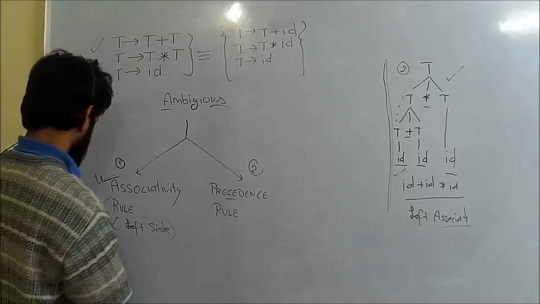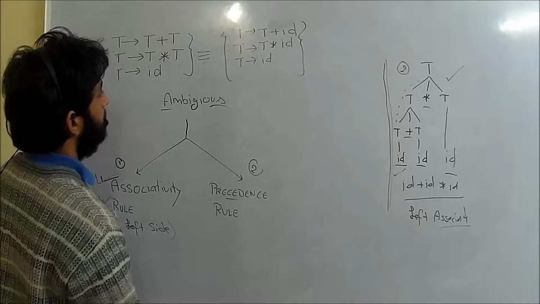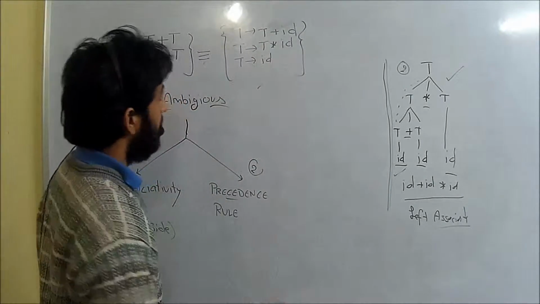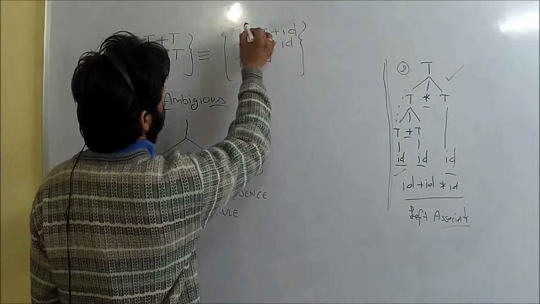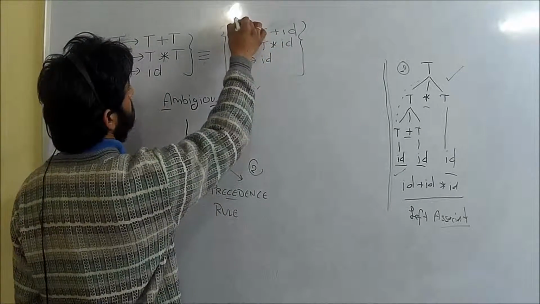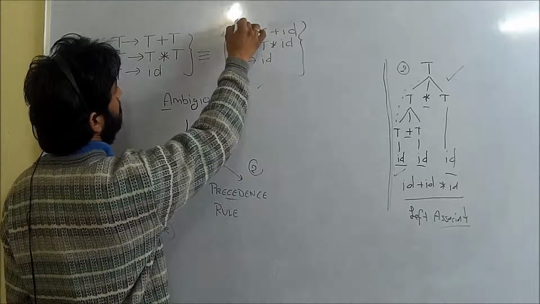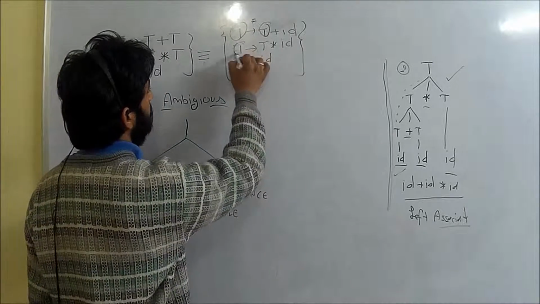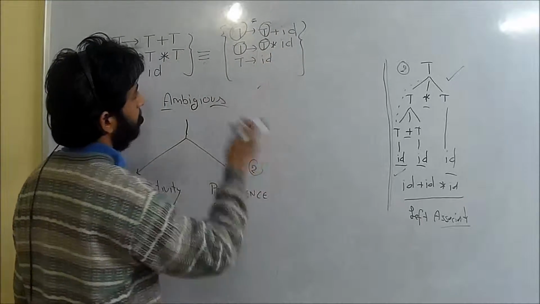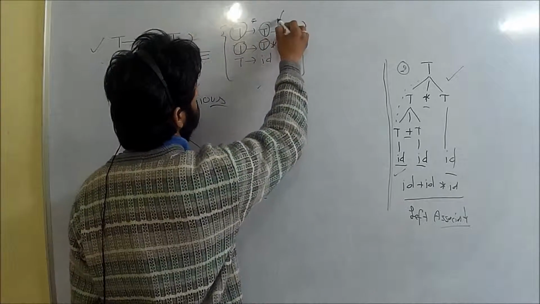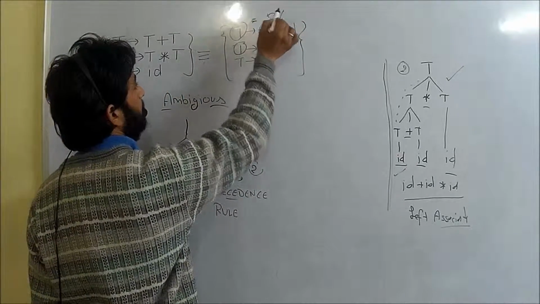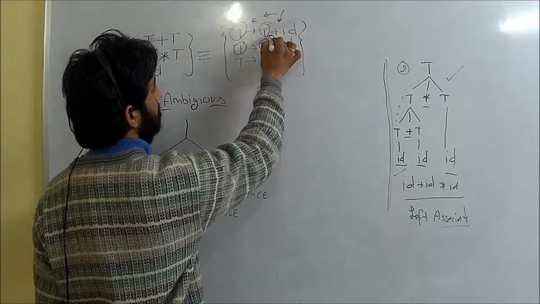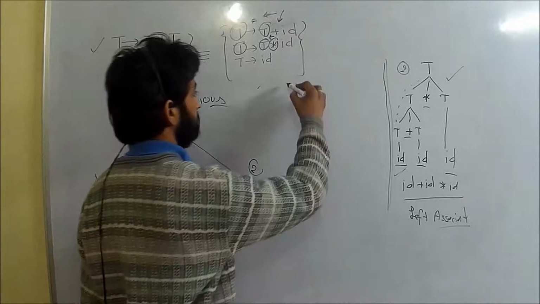This grammar is left associative because the leftmost element is equivalent to the left hand side. So here plus is left associative, the plus operator is left associative, and star is left associative.